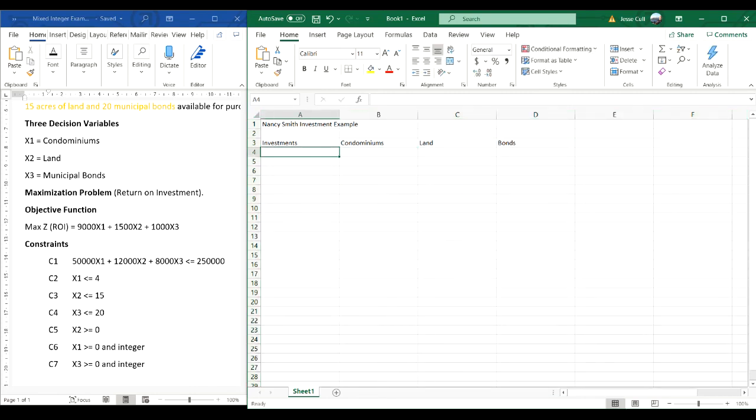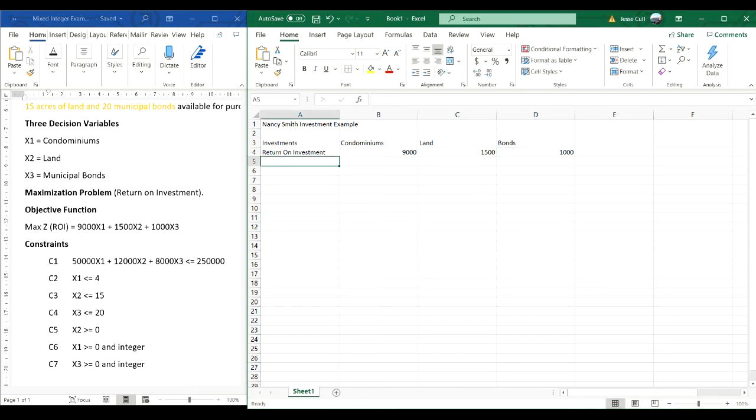Here, return on investment. And this is where we list our objective function. The first one, very simply, $9,000. Land is $1,500. And bonds are $1,000.